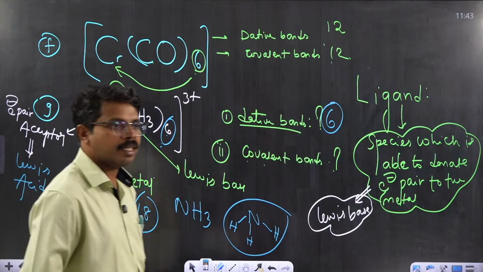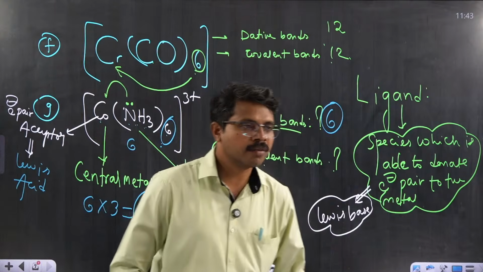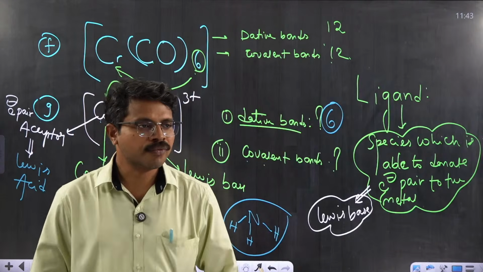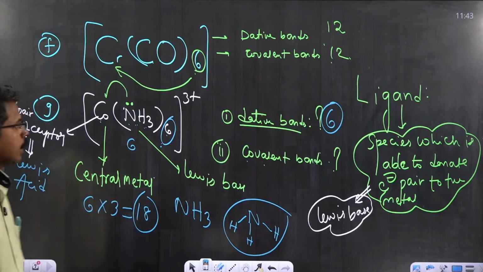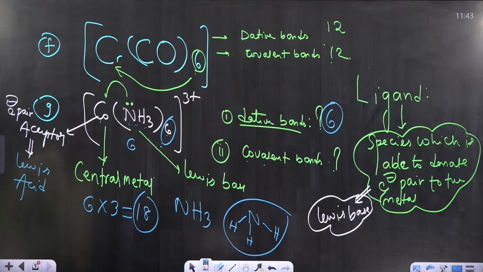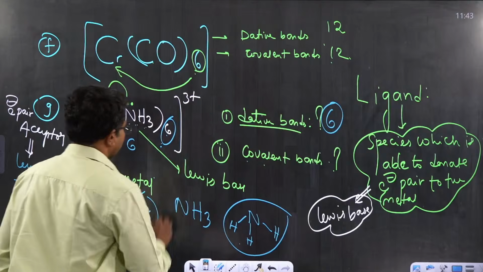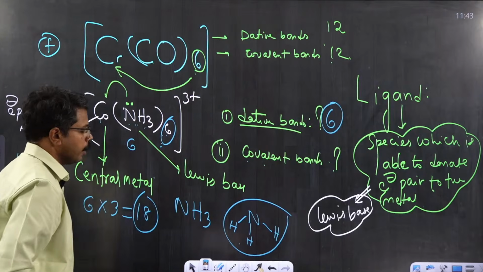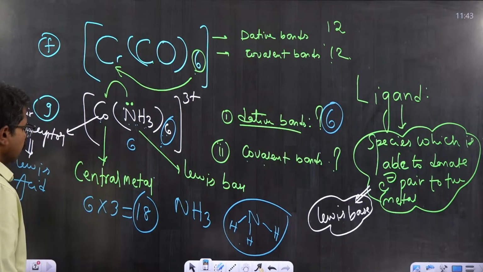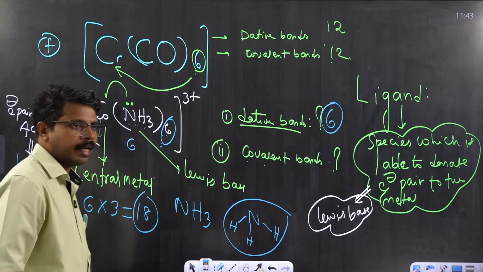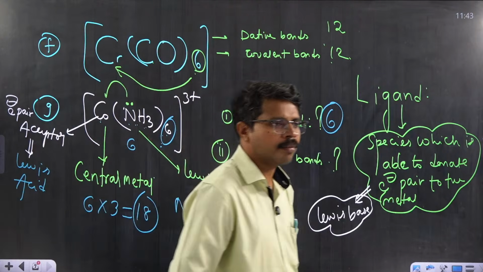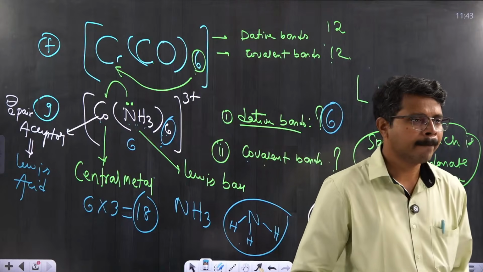Just check out, Anish, Anshal, check out once. The total number of covalent bonds present in each ammonia is 3. Now 6 ammonia we have, in total 6 times 3, totally 18 covalent bonds we have. Okay.